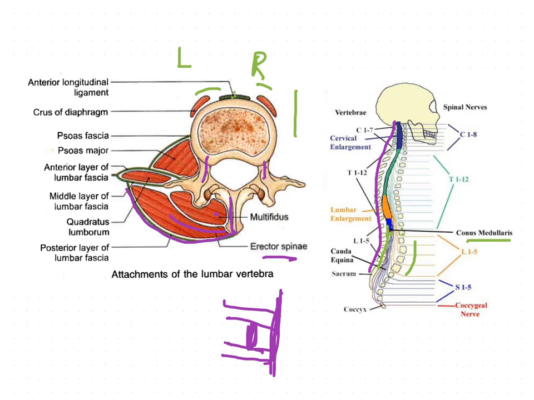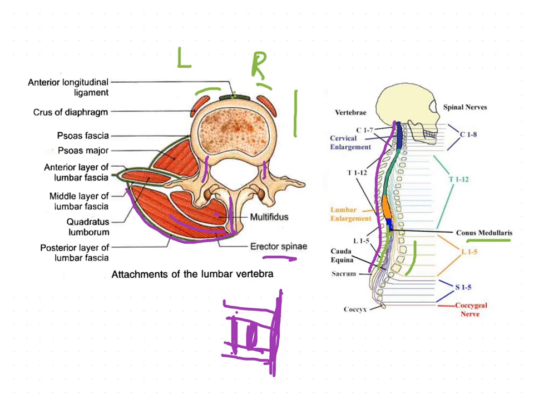We are going to deal with the erector spinae as a special class. And the interspinous muscles, that means here spine to spine some muscles are attached, and those muscles are called interspinous muscles.